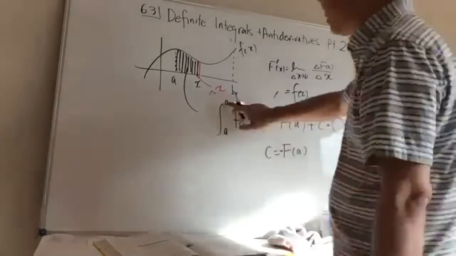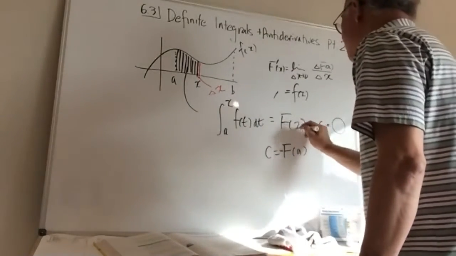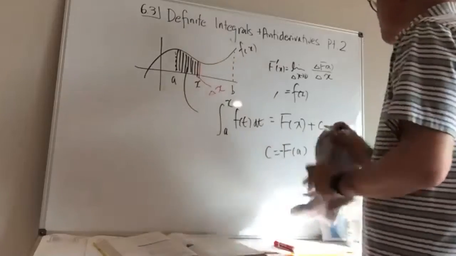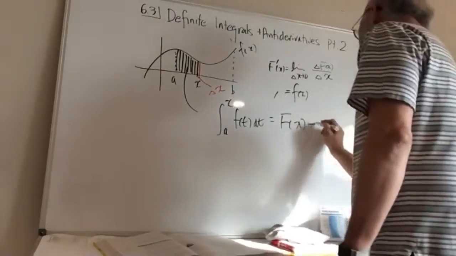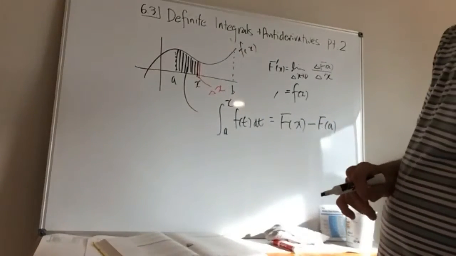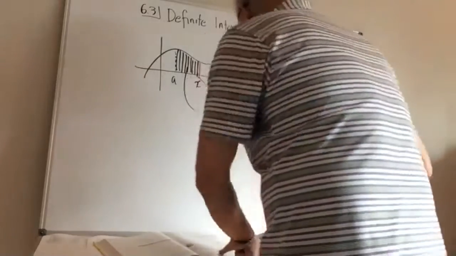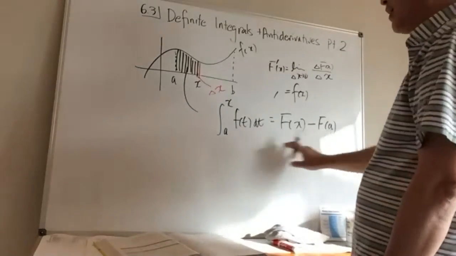So let's go back to where we were. We were here, and this was x, right? We solved for C. We now know that C is negative F of a. Okay? So what you really found, let's go ahead and rewrite this.